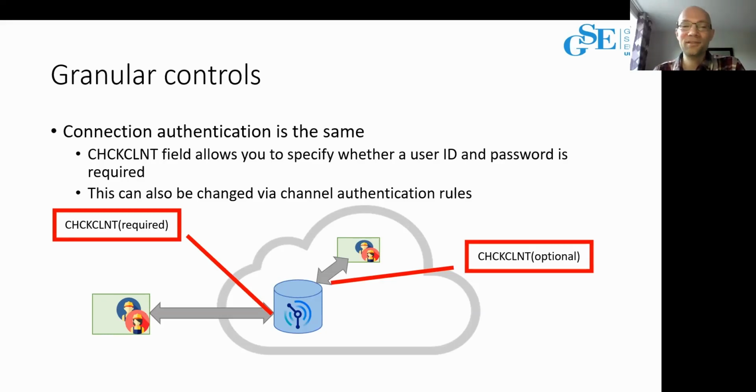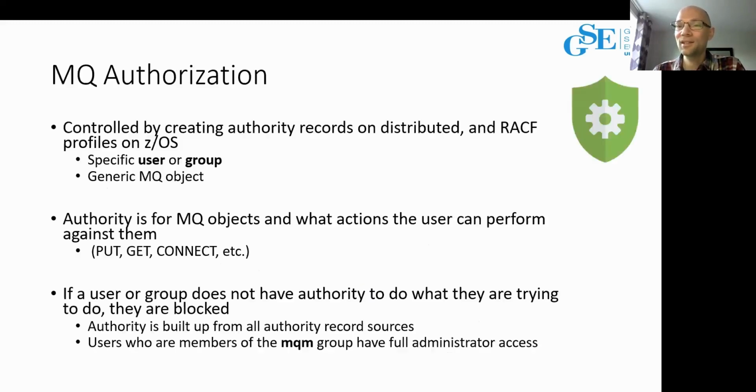So at this point, we have authenticated users that are connecting into your queue manager. So we believe that we trust the connection, and we have some form of identifying that connection. Now, the next step is to apply authorization checks to that connection.